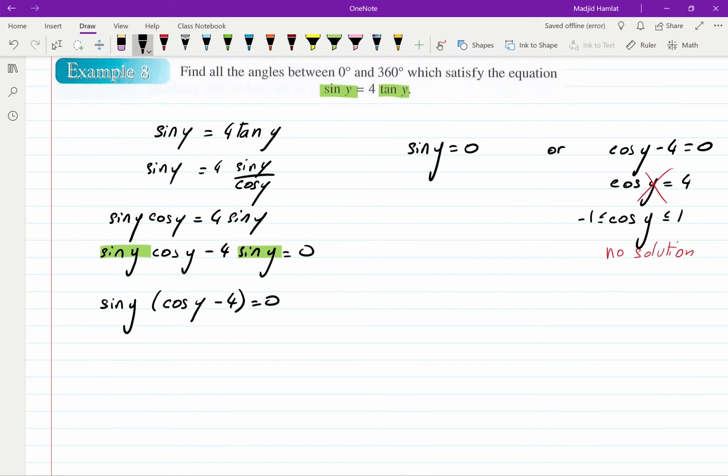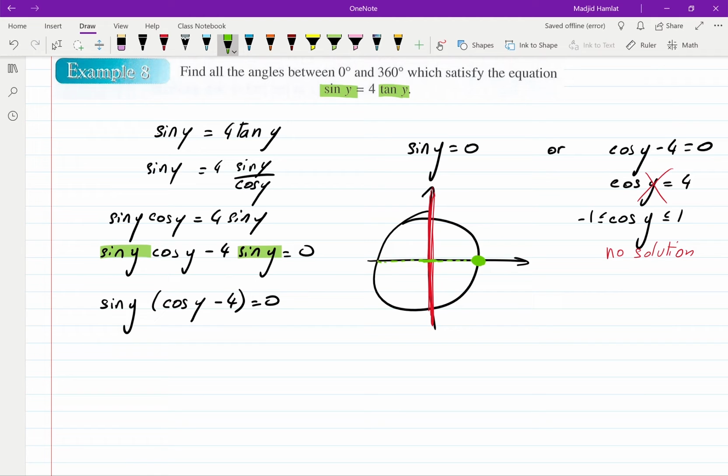Now for sin y equals 0, this is a value that you should already know. But if you don't know, you can still use the unit circle. On our unit circle, the y-axis represents the sine value of our angle. We can look at where the sine value, or the y-axis, is at 0 and then take the associated point on the circle.